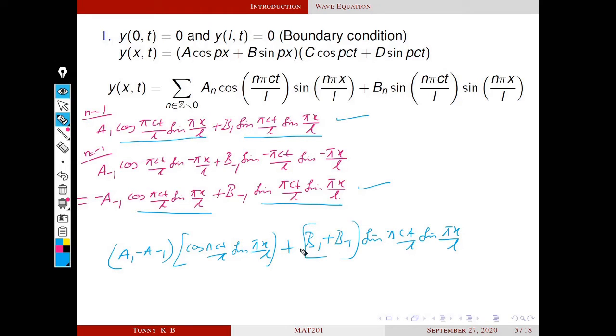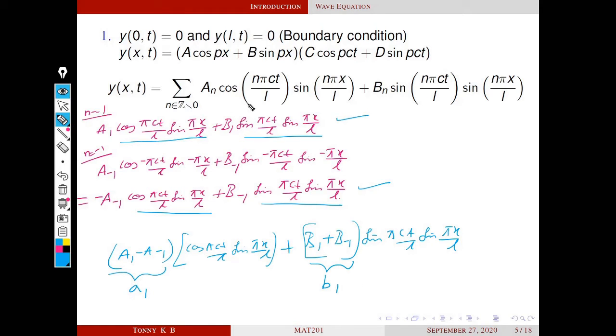So this is the sum of the two terms. It is clear that here a1 and a minus 1 both are arbitrary, so we can replace this difference by another arbitrary constant, a1. Similarly, b1 and b minus 1 are arbitrary, so you can replace this quantity by some b1.